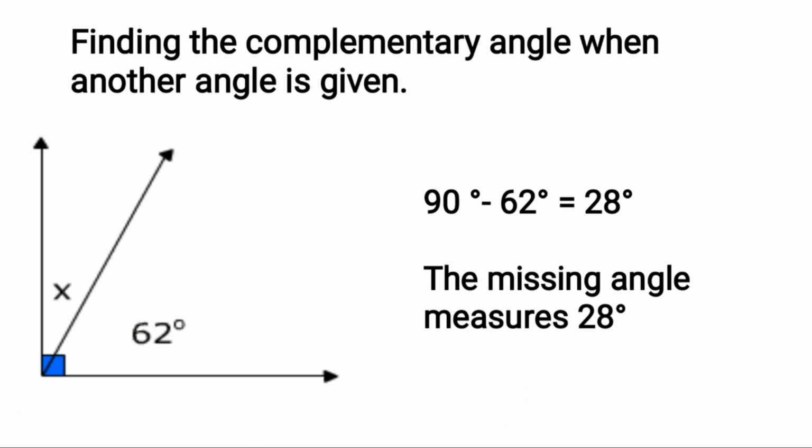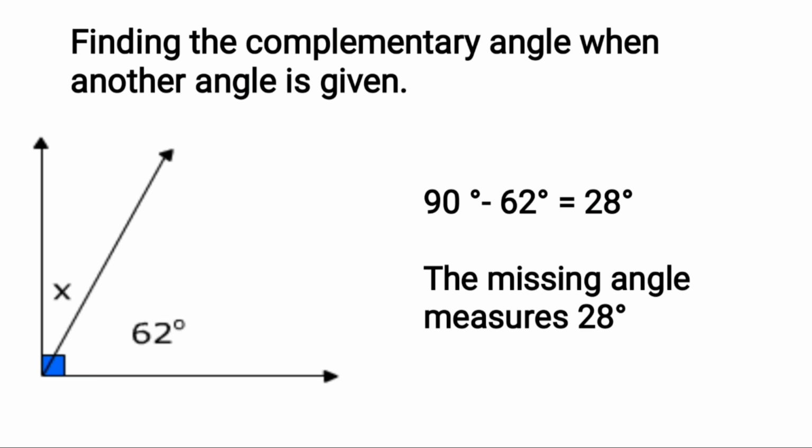Now, how do we find the complementary angle when another angle is given? In the figure you can see angle 62 is given and its complementary angle is angle x. So we need to find angle x. How are we going to find it?